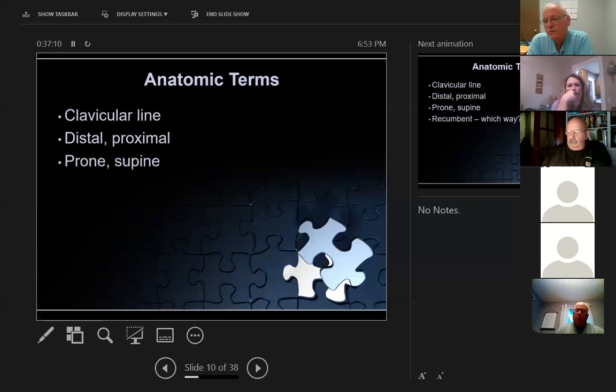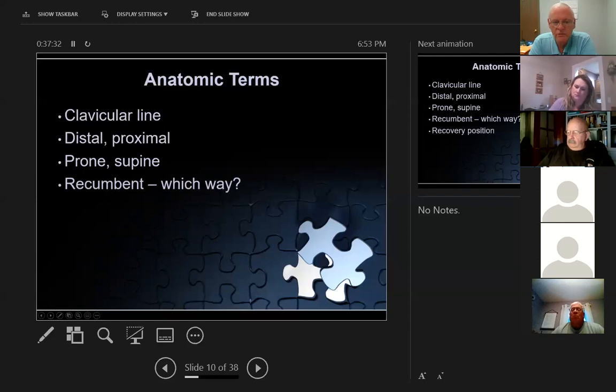Body positions. If we find a patient laying face down, we can describe it as, found patient in a prone position, okay? If we find them laying on their back, they're considered supine. We found the patient in a supine position. And if they're laying on their side, they're called recumbent.